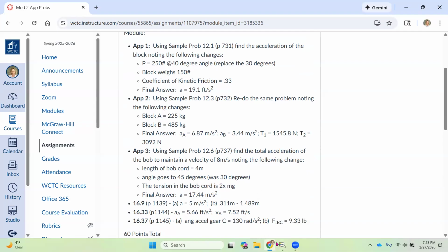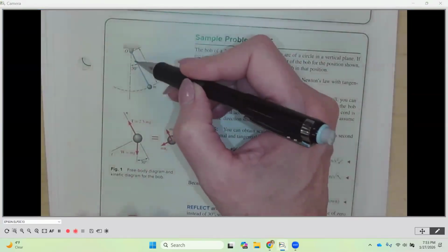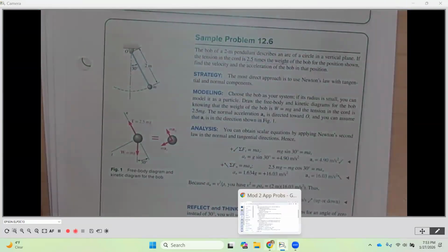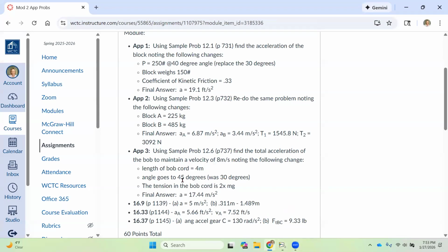So if we look back here on the illustration, it was 30 degrees here. I want you to change that to, did I say 40? 45, sorry, 45 degrees instead of the 30. And then the tension in the bob cord is going to be 2 times the weight. The original example was 2.5. So you're going to now find the acceleration to maintain 8 meters per second. Okay? So good. So that one's just slightly different than the original problem.